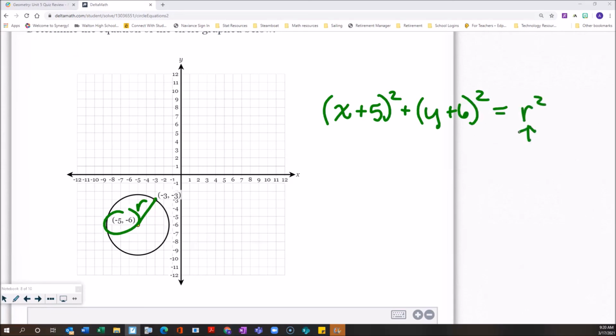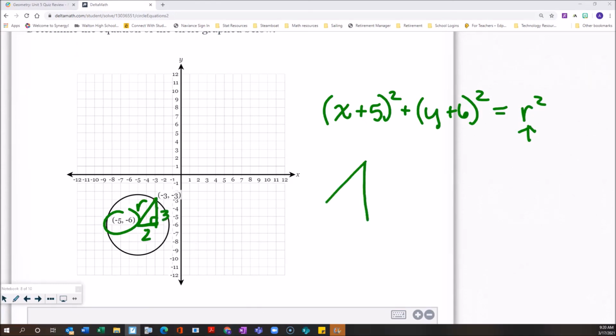So I need to find that. And when I find that, I can use the distance formula, or I can make the little right triangle, right? If they give you a graph, I think that's the easiest way to do it. So if I make the right triangle, this is 2 spaces and this is 3 spaces.